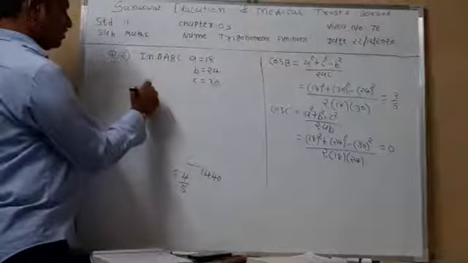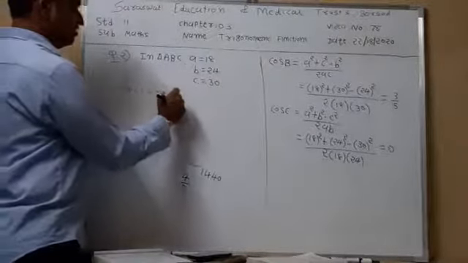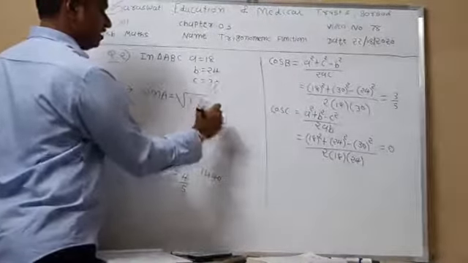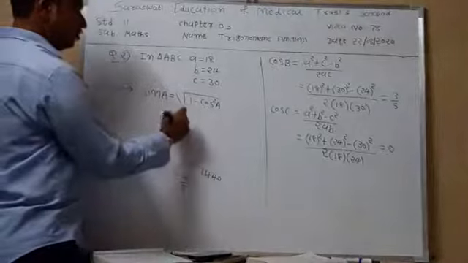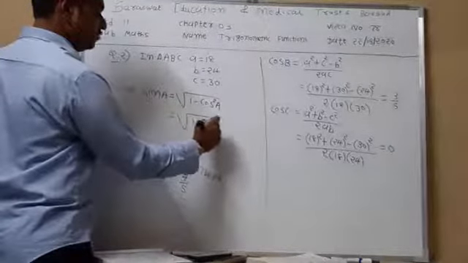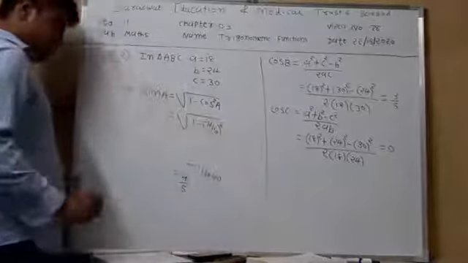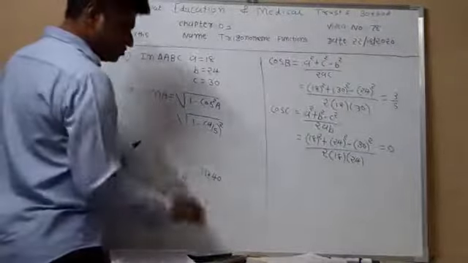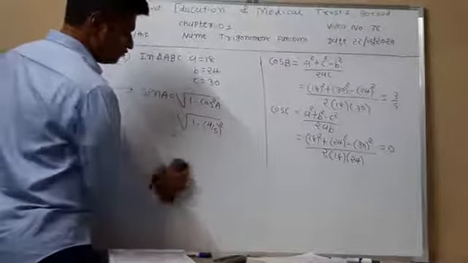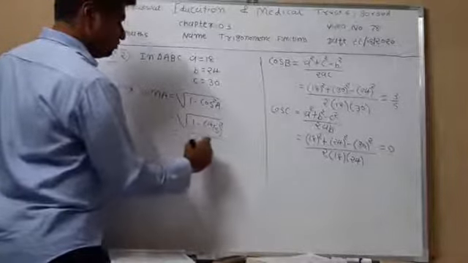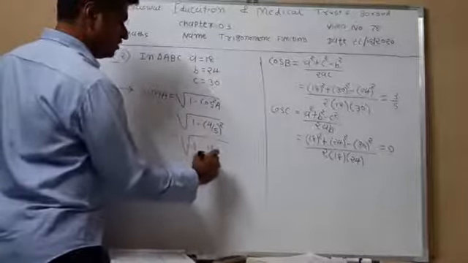We know that sin A is equal to under root 1 minus cos square A, and here we get the value of cos A, that means 4 by 5 whole square. After simplifying this term, we get sin A is equal to under root 1 minus 16 by 25.